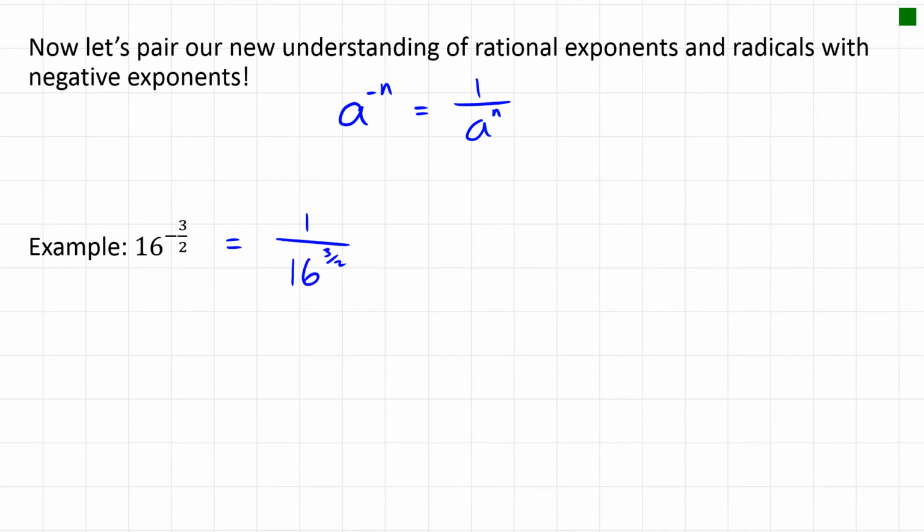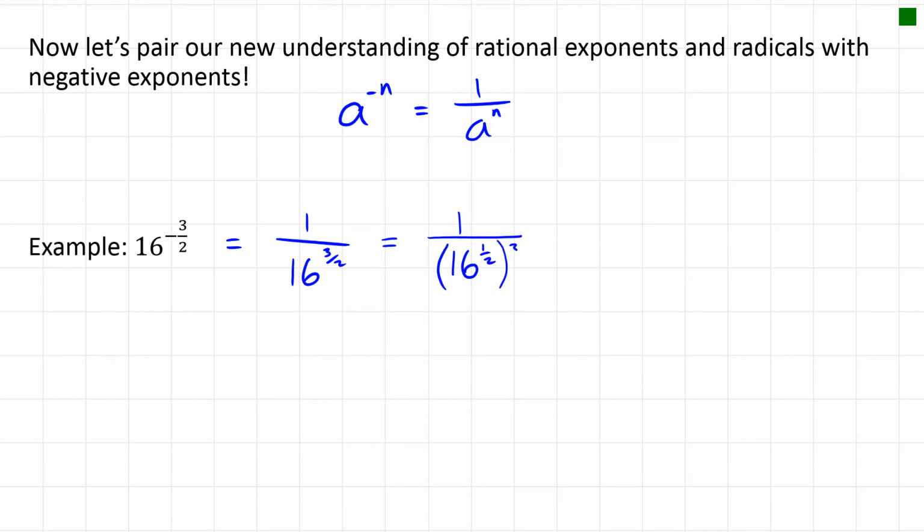Now we have gotten rid of our negative exponent, and we have to move on to writing this as a radical so that we can answer the problem. How would I prefer to write this? I could either write it as 16 to the 1/2 all cubed, or 16 cubed to the 1/2. And I obviously don't want to do 16 cubed to the 1/2 because I don't know what 16 cubed is. So instead, I'll do that first option.